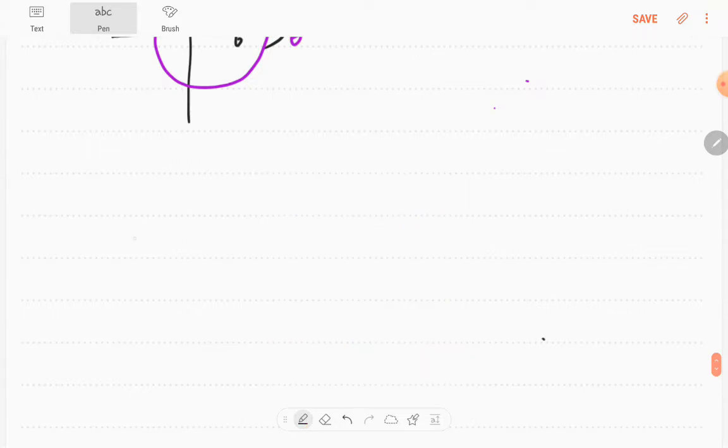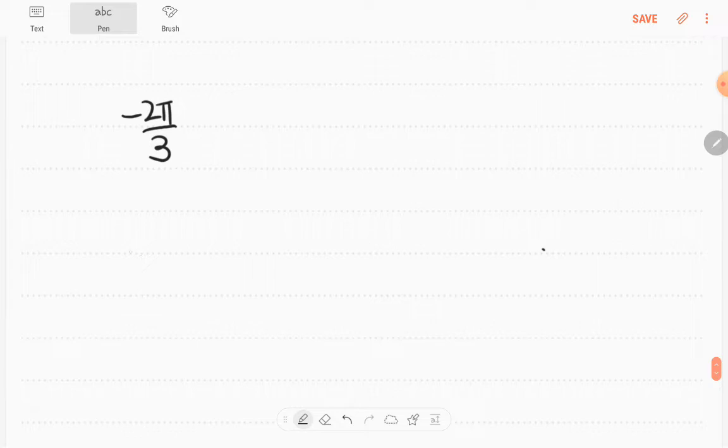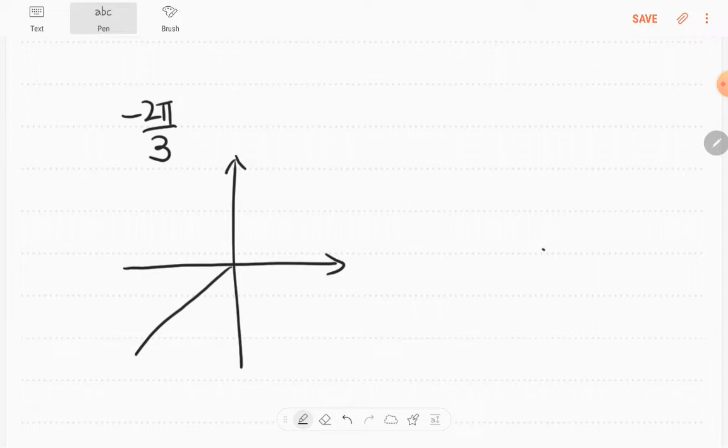If you have an angle which is negative 2 pi over 3, what is the coterminal angle? You have infinitely many, but let's find just one. This is negative pi, this is negative pi over 2, and this is negative 2 pi over 3.